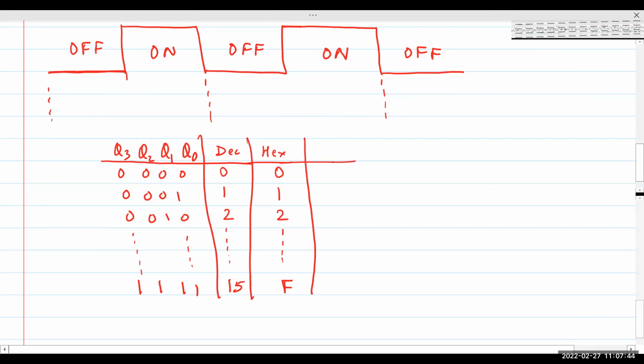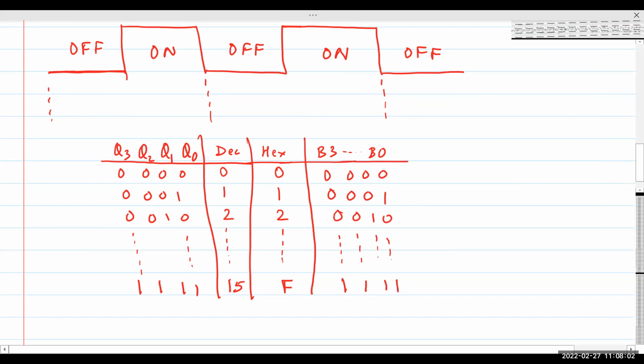So if we set B3 to B0 to 0, 0, 0, 0, 0, 0, 0, 1, 0, 0, 1, 0, and so on. Again, B also has the same number of states, right? It's a 4-bit comparator. And now we have VO.